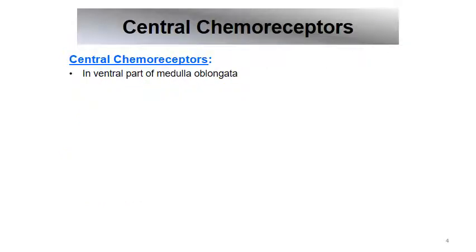First, central chemoreceptors. These are special cells in our brain, in the medulla oblongata, and they look at the pH in the brain. They're not actually looking at the oxygen level or the CO2 level; they look at the pH. So what is the connection between gases and pH?